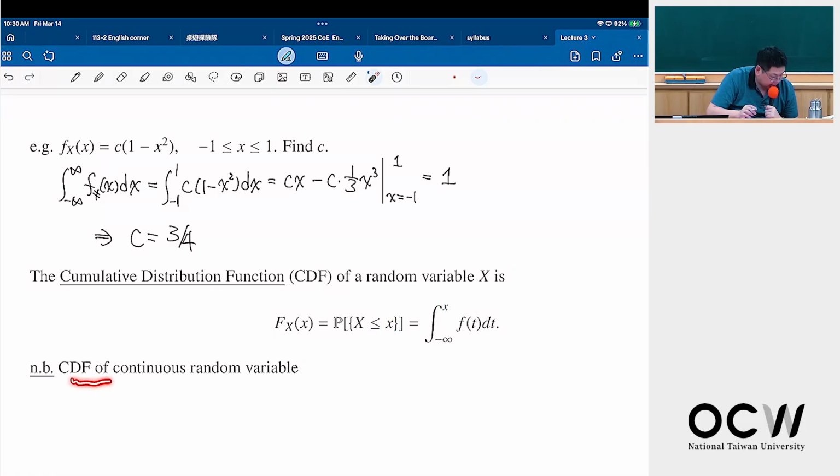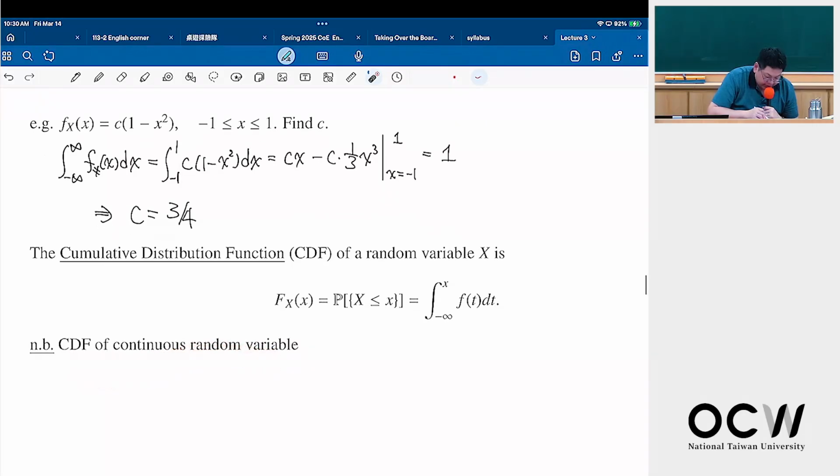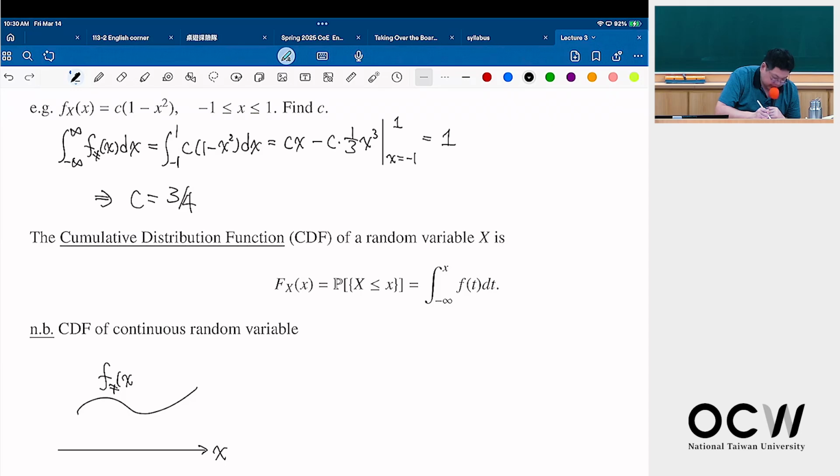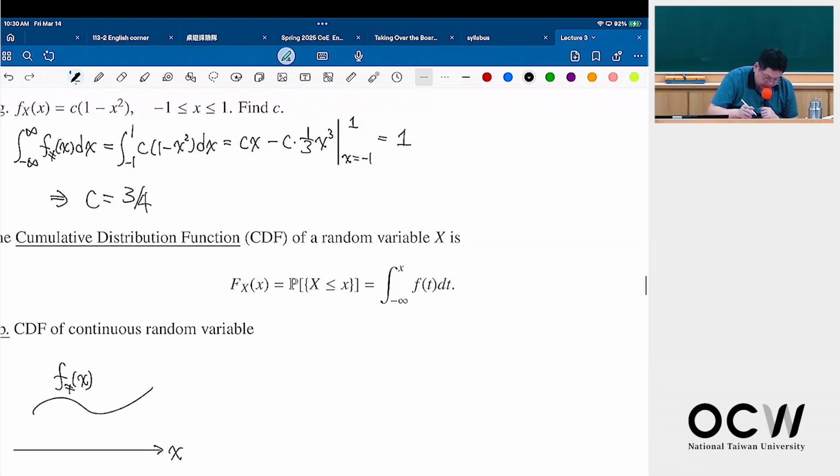So the CDF of a continuous random variable and the PDF have a relationship.